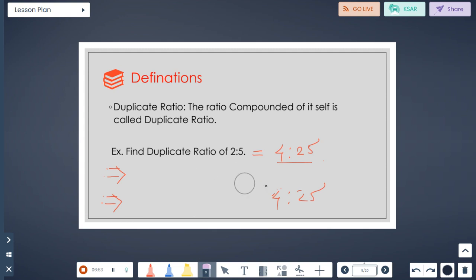For example, to find the duplicate ratio of 4:5, simply take the square of that ratio. 4 square is to 5 square, which is equal to 16 is to 25. So 16:25 is the duplicate ratio of 4:5.